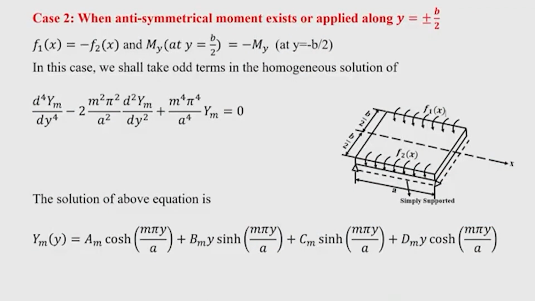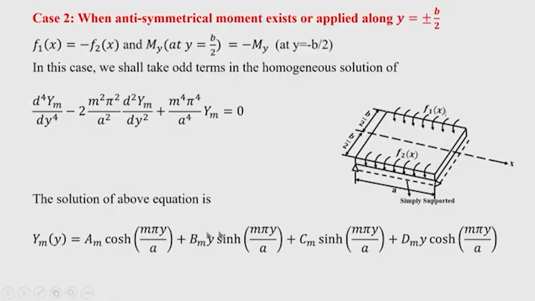This differential equation is a fourth order ordinary differential equation, and the homogeneous solution can be obtained by using the characteristic roots of this equation. It contains odd terms as well as even terms, found in terms of cos hyperbolic and sin hyperbolic terms. Originally, the function was written in the form of exponential terms, but the exponential terms are converted into hyperbolic terms.